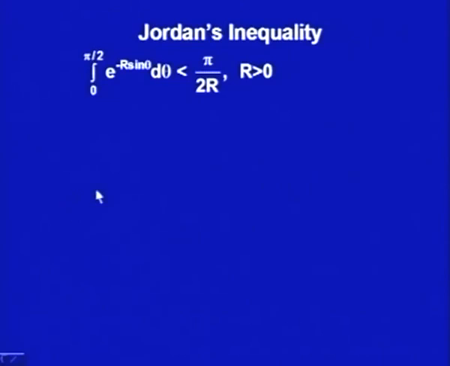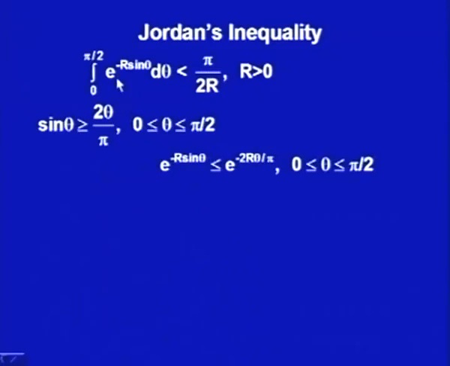We have just shown that sin theta is greater than 2 theta upon pi. So, we would use that sin theta is greater than 2 theta upon pi. We would write e to the power minus r sin theta as 1 upon e to the power r sin theta.